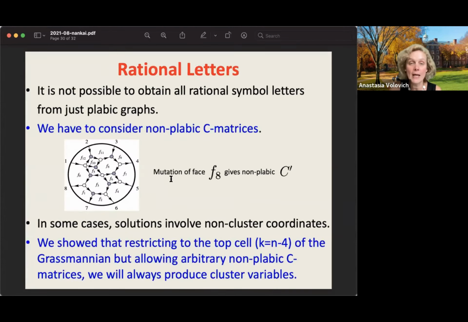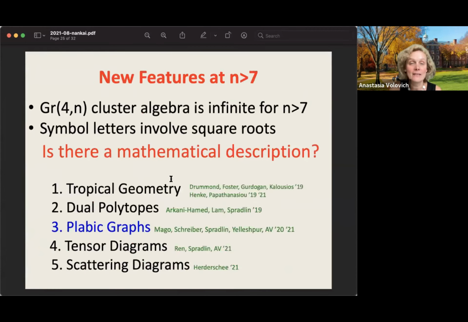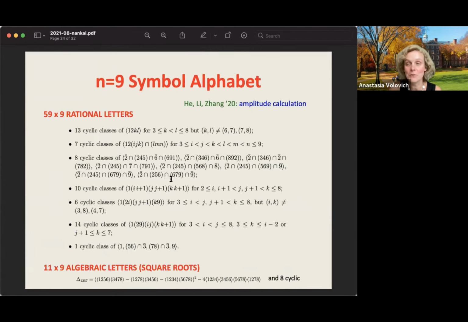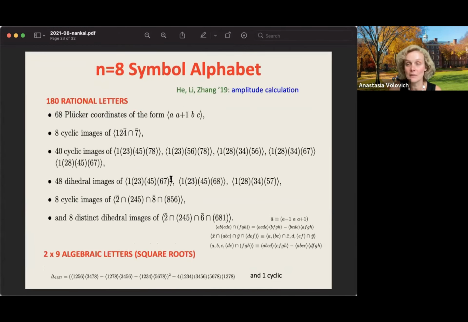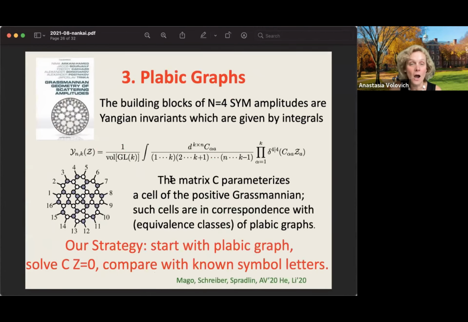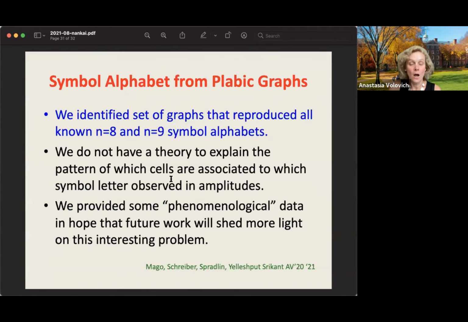So from the Plabic graphs method, the upshot of our work is that we got both lists. That's the approach that we took. I should say we don't have a theory to explain the pattern, which cells are associated to which symbol letter. We're really doing it very phenomenologically. We go graph by graph and see what we get.